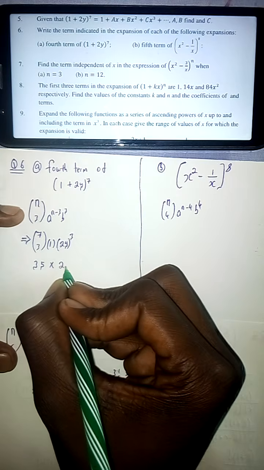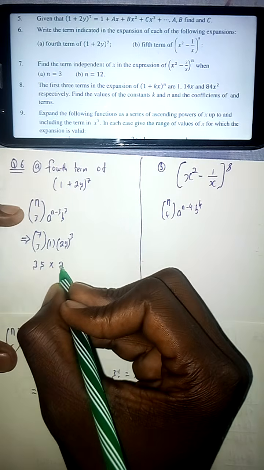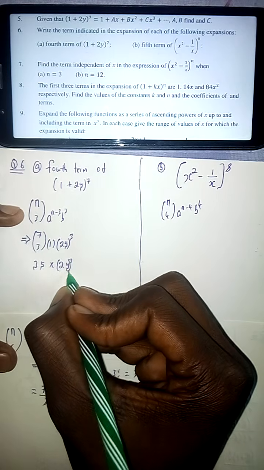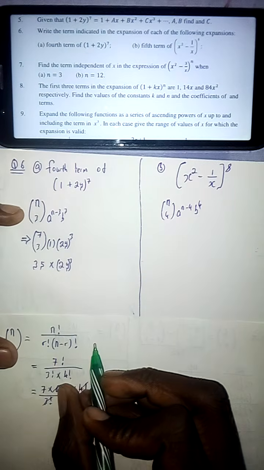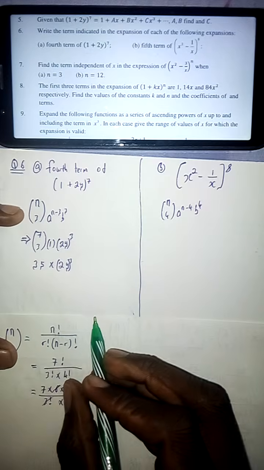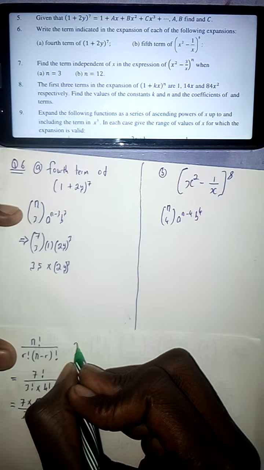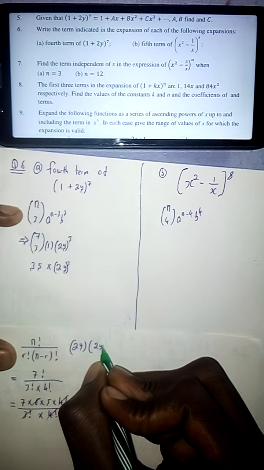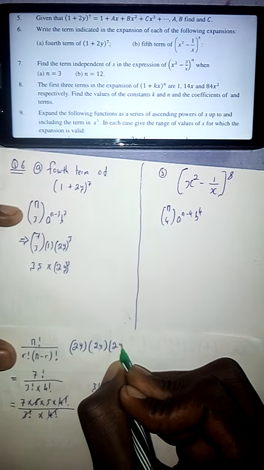Multiplied by this part. As you can see, the 3 is outside, so it will be 2y multiplied by 2y multiplied by 2y.